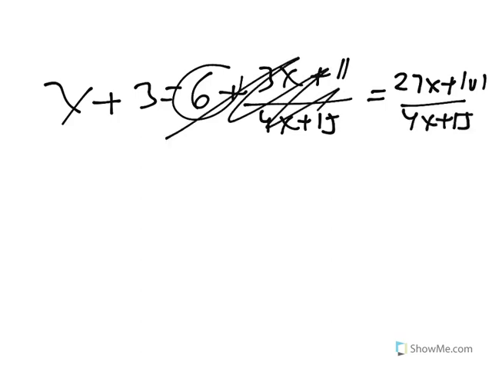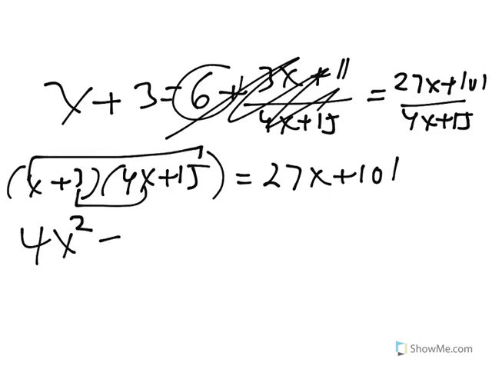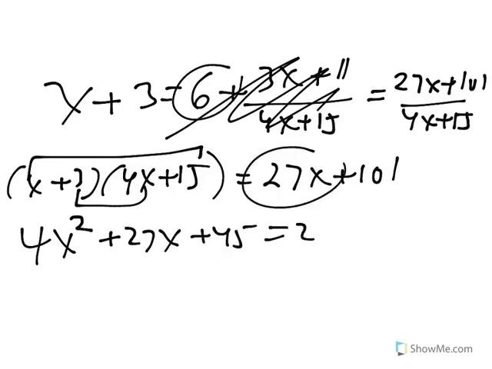Now when you cross multiply, we get 4x squared plus 15x plus 12x is plus 27x. That's good, because I have that here also. Plus 45.